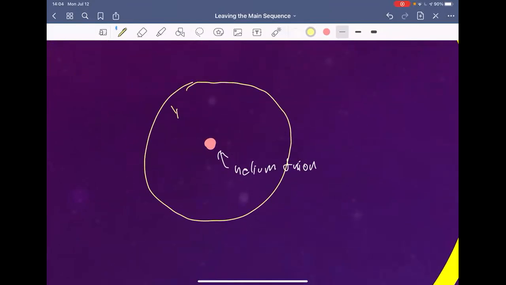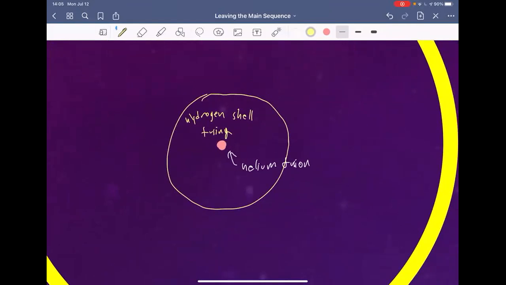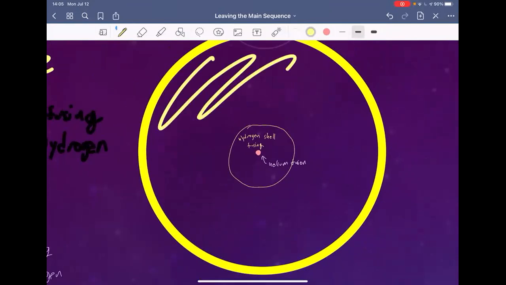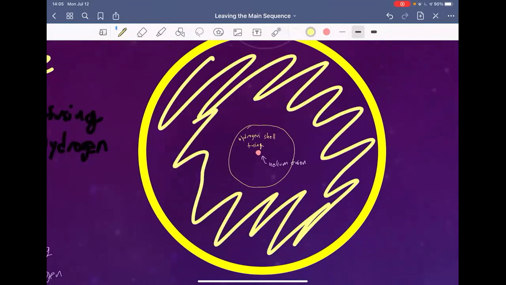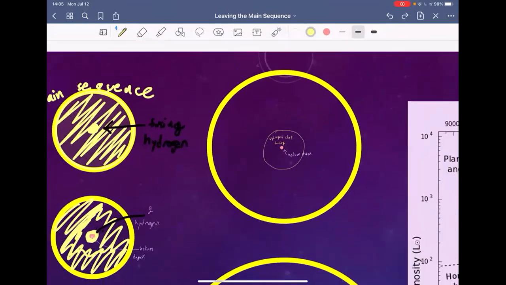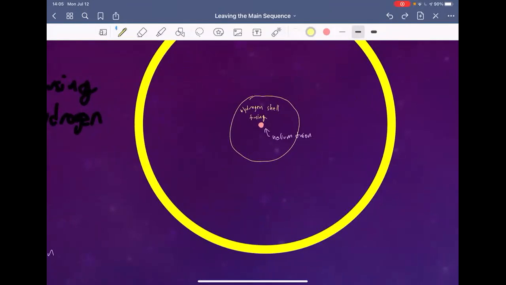So hydrogen shell fusing. Helium fusion and hydrogen fusion are going on at the same time. And this stuff is still all hydrogen, but it's just not hot enough to fuse. So that's what our giant is starting to look like.